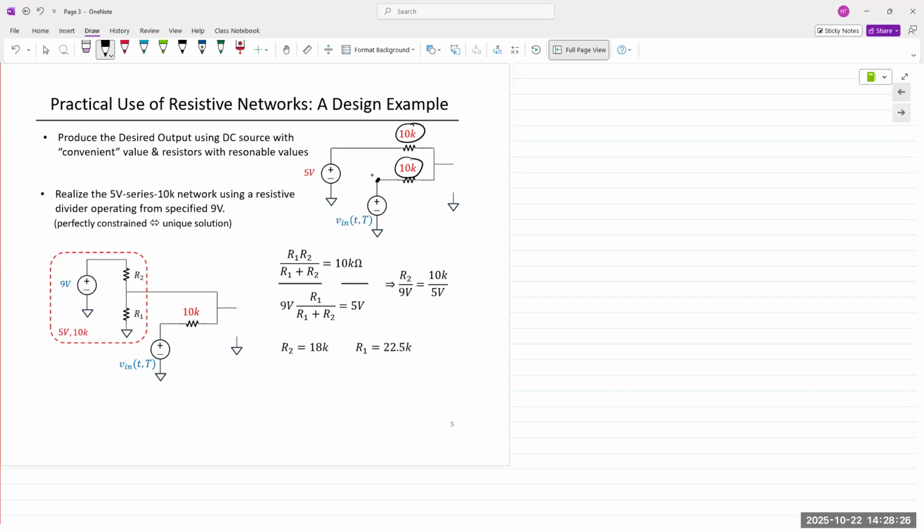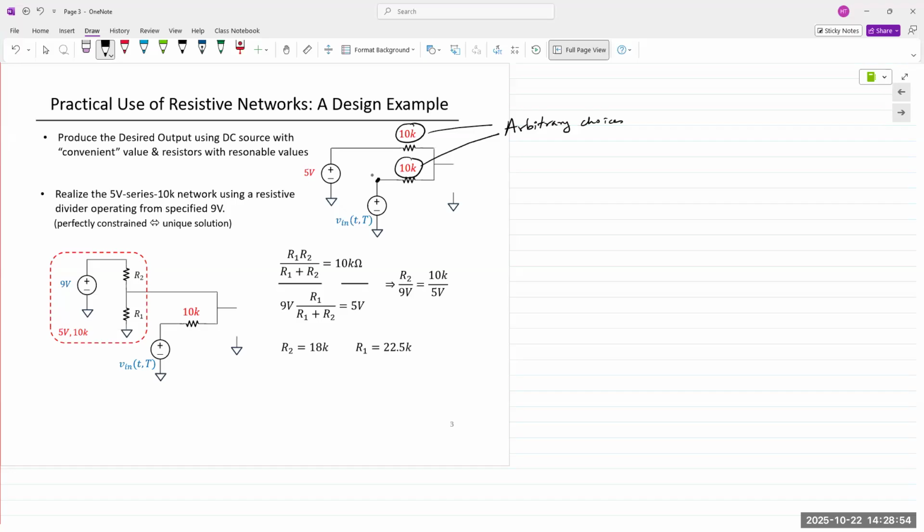And these are arbitrary choices, completely random. This is because we are not provided a constraint for current.